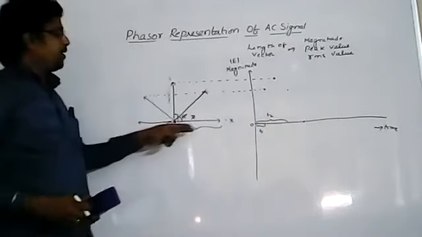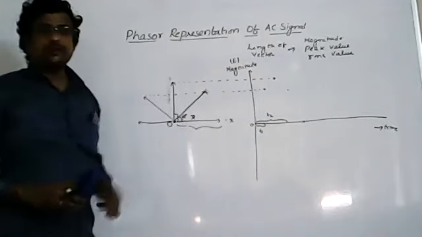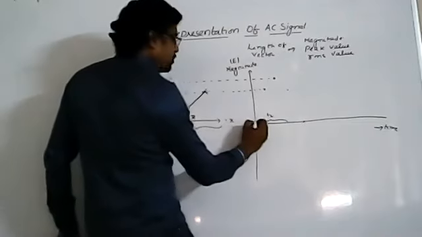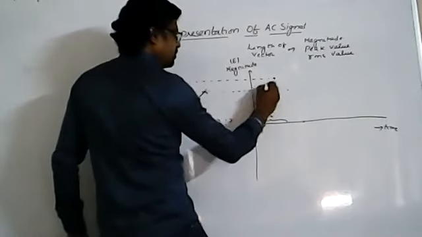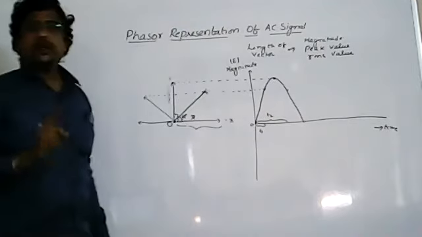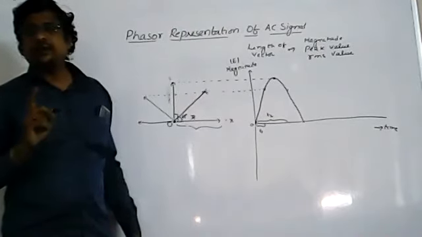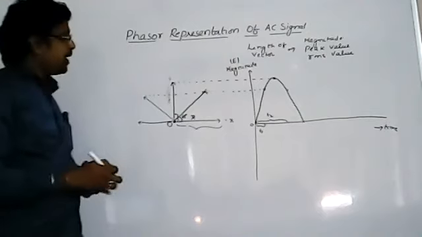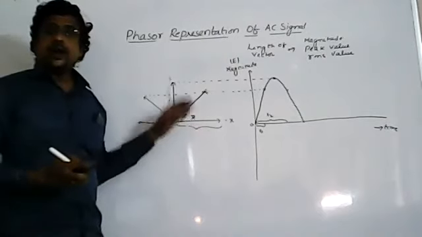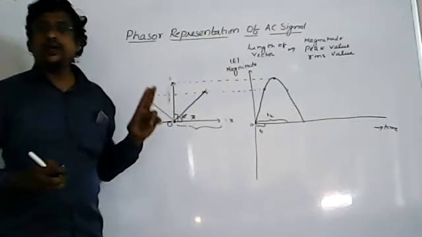So when I have rotated by 180 degrees, I am measuring the points at 4 different points. Now if I join these points, what am I getting? I am getting a positive half cycle, when rotating the vector in the anti-clockwise direction by an angle of 180 degrees.